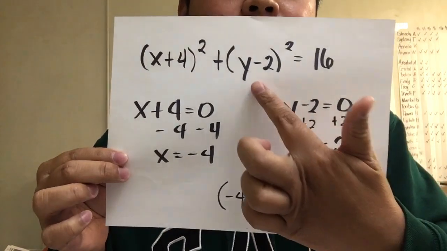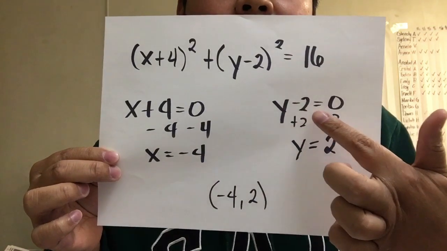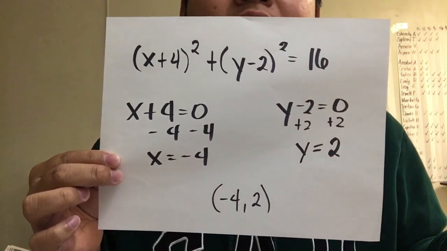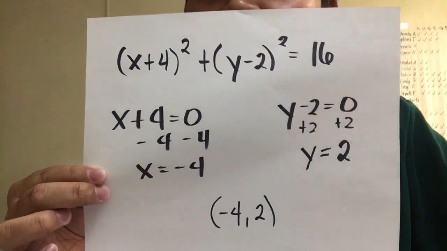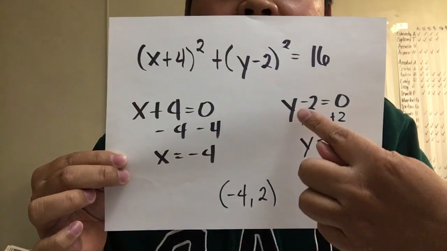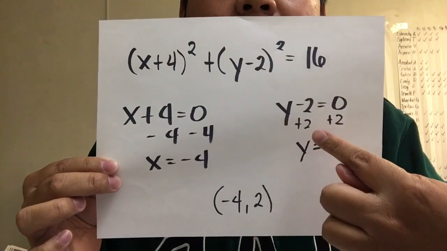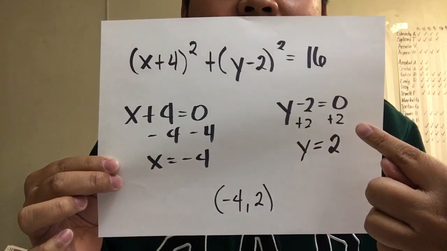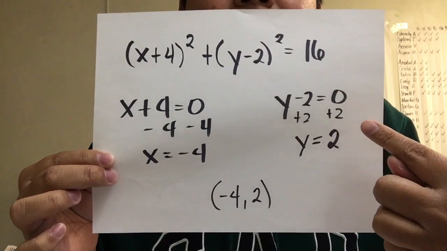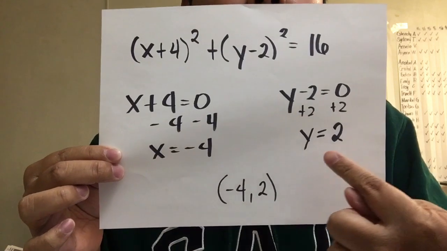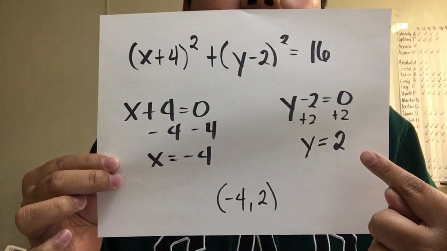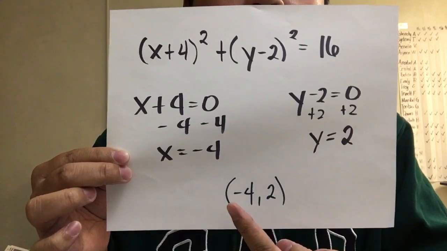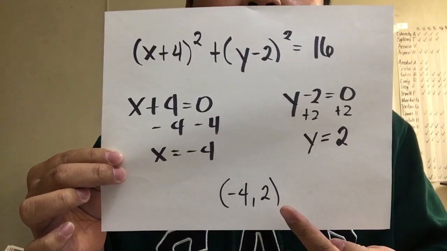Copy the equation and then equate it to 0. Now get the opposite of the number. This is minus, so that means you have to add 2 on both sides. So we get y is equals to 2. So our center will be -4 and 2.